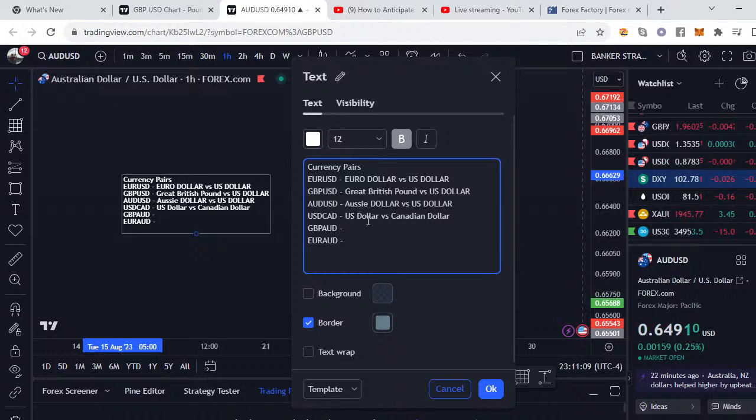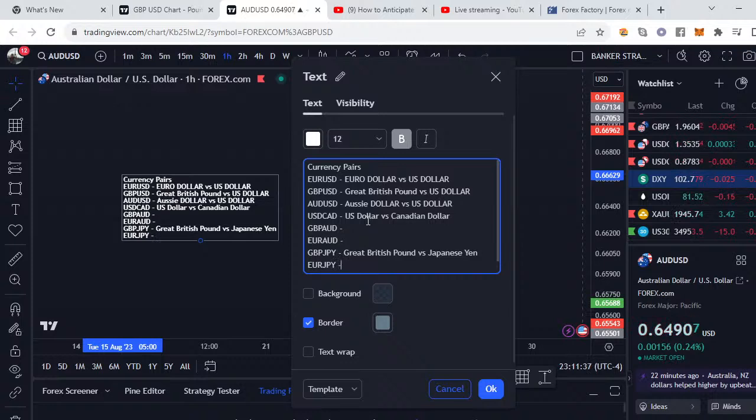So Euro USD, GBP JPY. Now this is Great British Pound versus Japanese yen. Now you have Euro JPY.